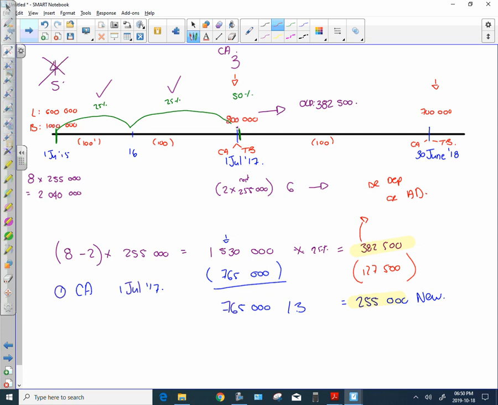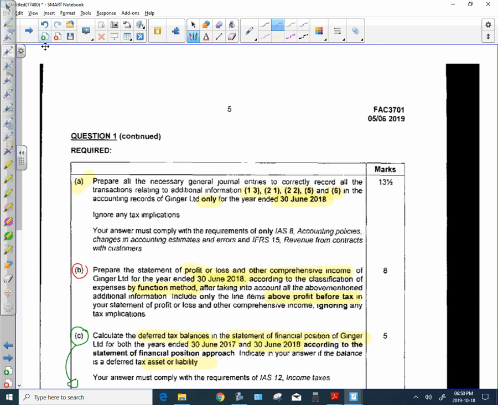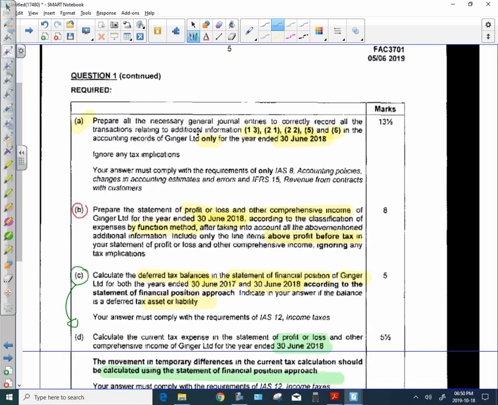How would you want to do 2 separates? Oh, okay, yeah. So you reverse this full amount and then account for that. Let's just see. They asked you to prepare all the necessary journal entries to correctly account. I don't think they will penalize you.